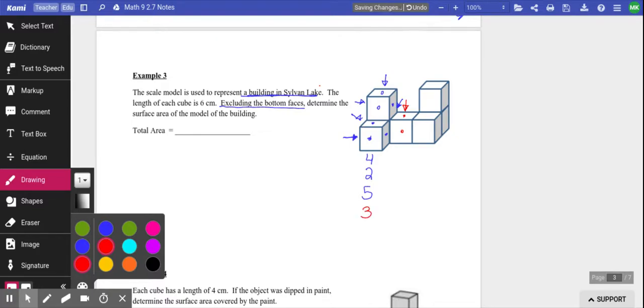I would do the front, the top, and the back of it. The next one would have 1, 2, 3. The next two would have 1 right there, the back side, which is 2, and then another back side over there, which is 3. Then the top one would be 1, 2, 3, 4, 5.